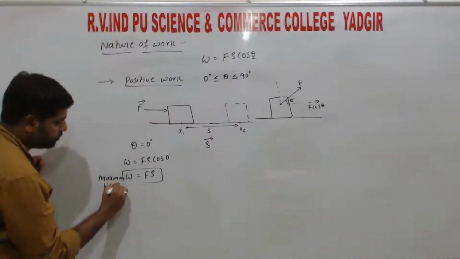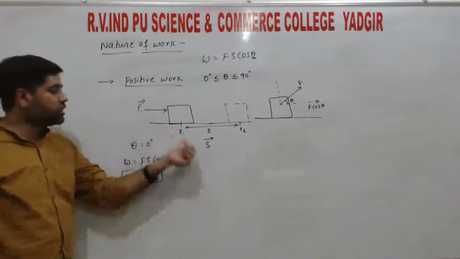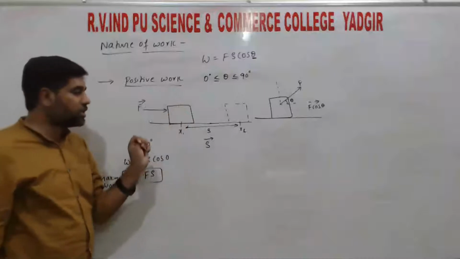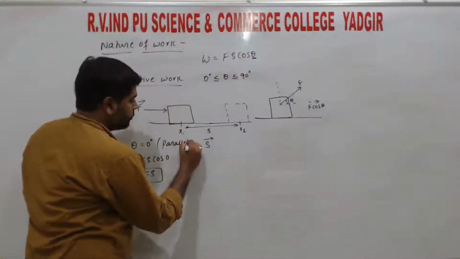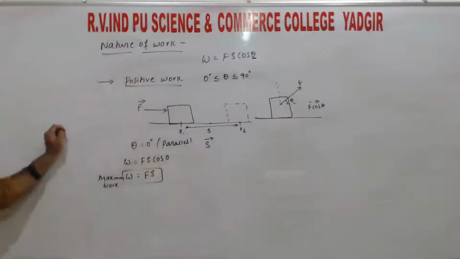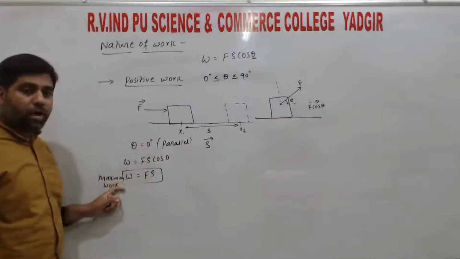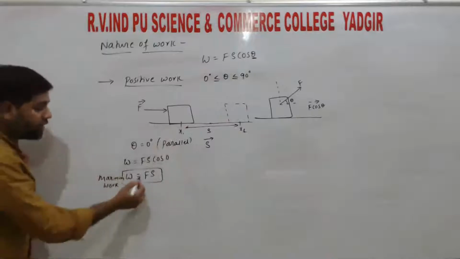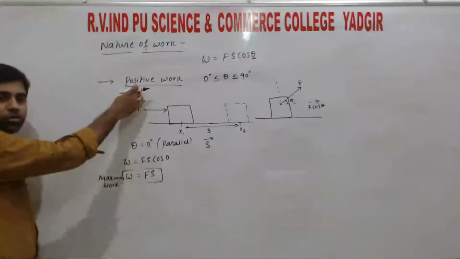So maximum work happens when force and displacement are both in the same direction, that is, these two are parallel. Force and displacement both must be parallel. In that case we call it maximum work. Here work is done, and we get a positive value, so hence we call it positive work.